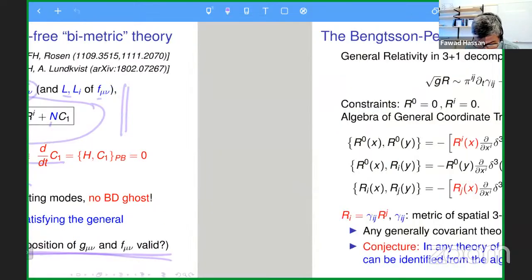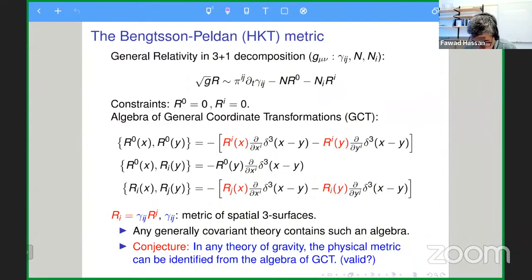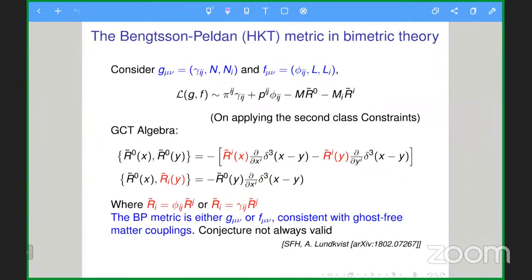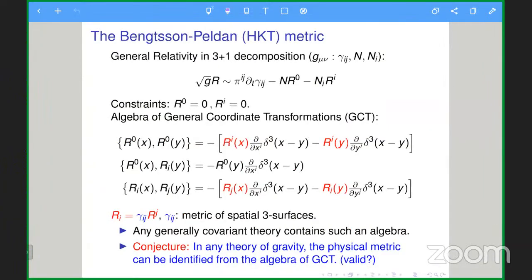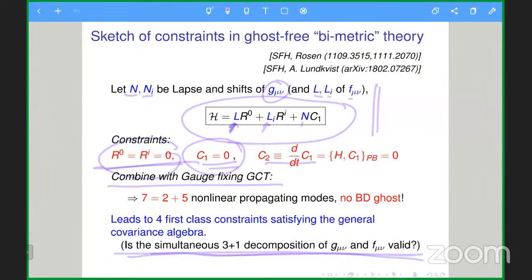Okay, so let's now move on. Maybe I skip this part. Can I ask a question? Yes. You're saying that the lapse and shift is the same for both of the metrics. But can you go back to the previous slide? This one?